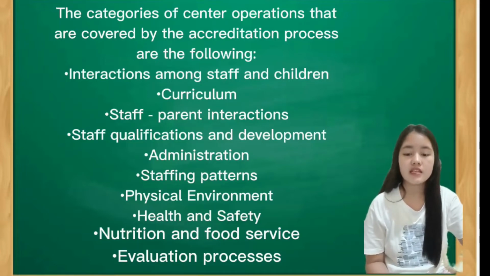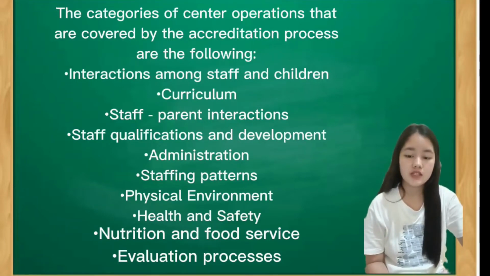The next one is staff qualifications and development. The program employs and supports teaching and administrative staff that have the qualifications, knowledge, and professional commitment necessary to promote children's learning and development and to support families' diverse needs and interests.